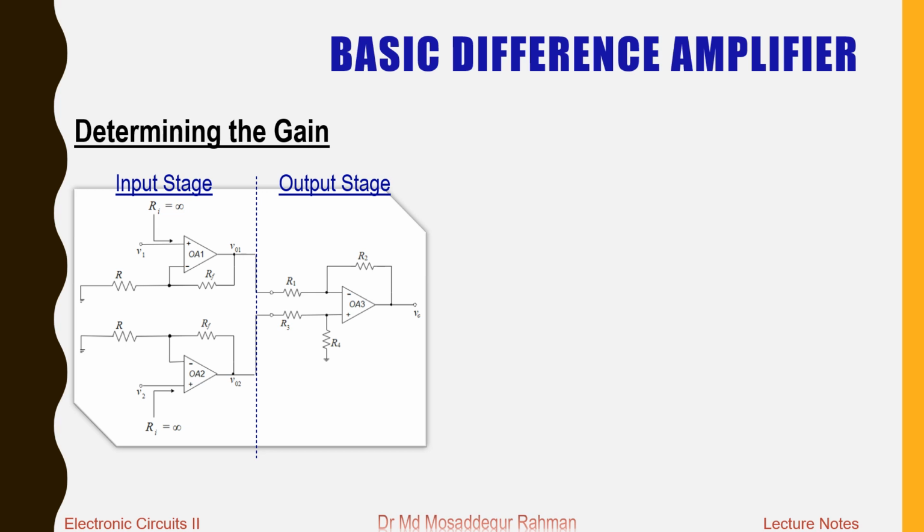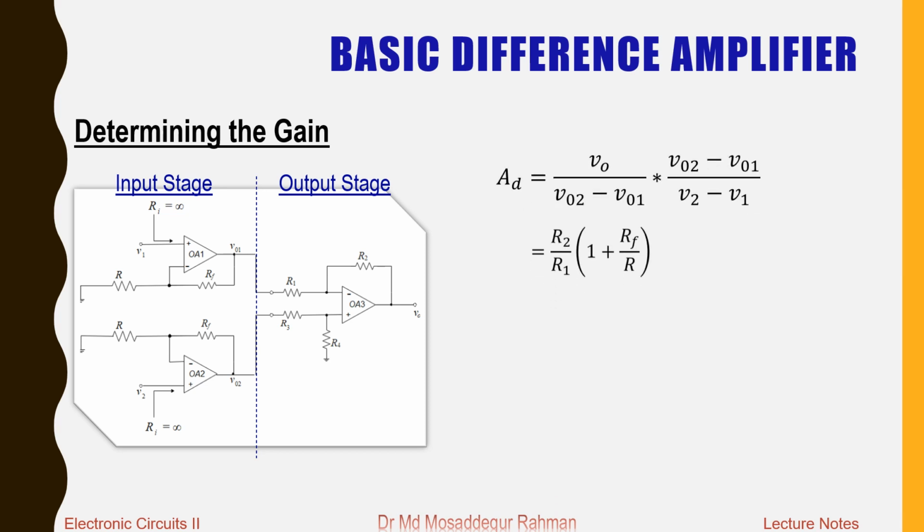Now that we have determined the gains of the individual stages of the modified difference amplifier circuit, we can determine the overall gain of the circuit. The overall gain, as we have expressed in our previous slide, can be expressed as the product of the two gains.